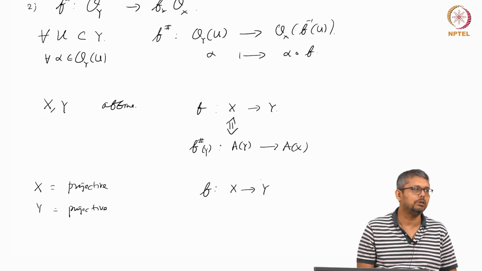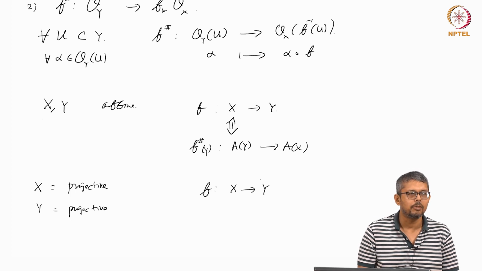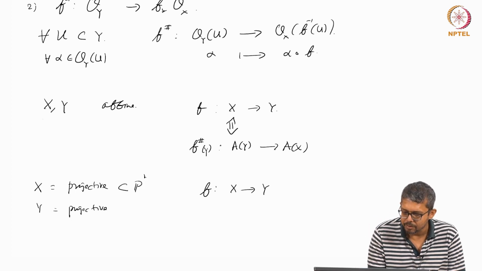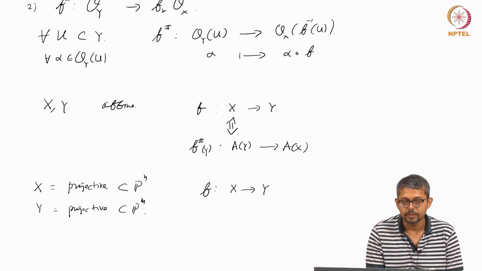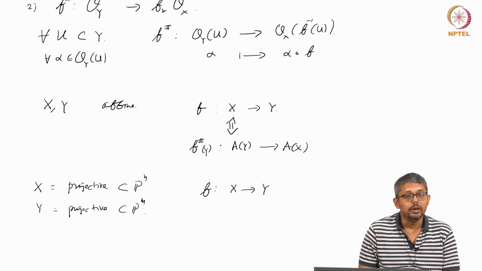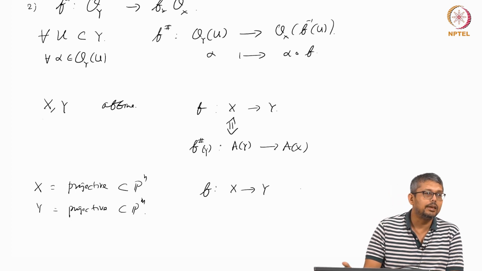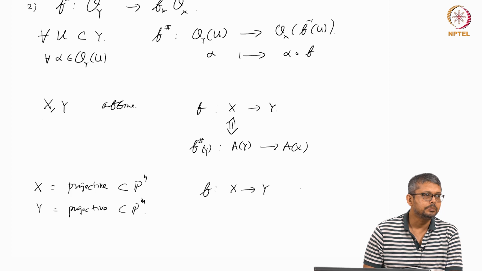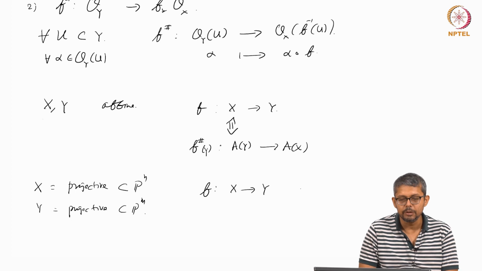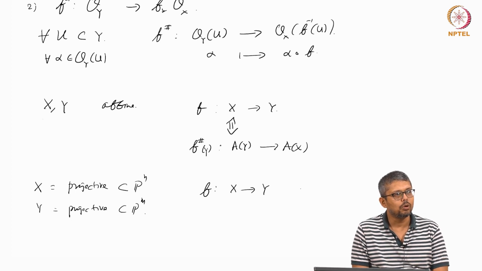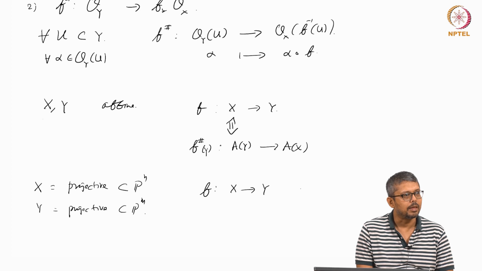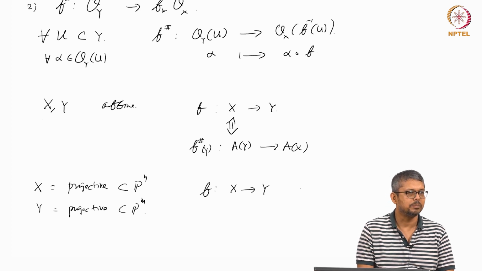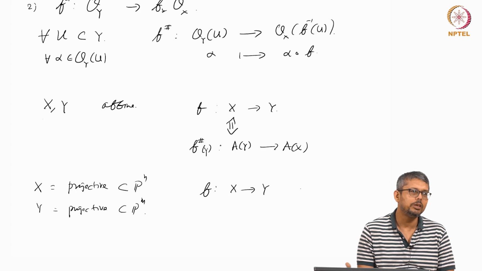Given two concrete projective varieties, a subvariety of some P^n and a subvariety of P^m, how do you say that there is a map from X to Y? Because there is no global function, global map. So mostly what you do is define some ad hoc map, a set-theoretic map, and then prove that it is a morphism. So you need to guess.